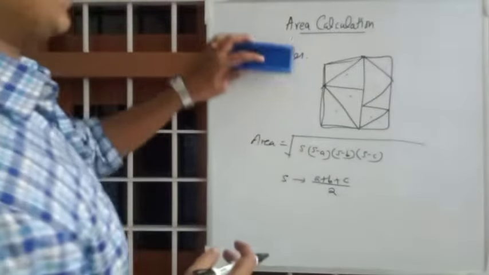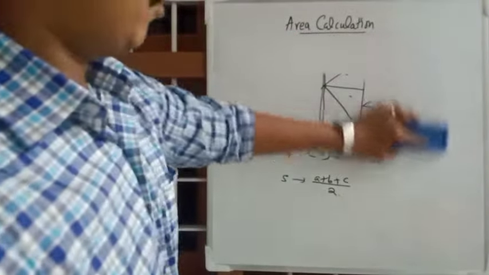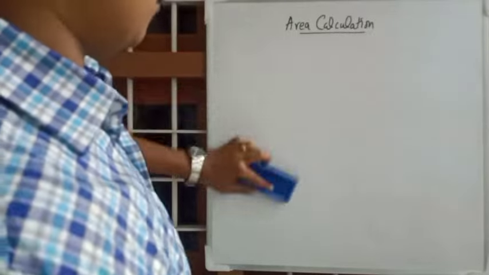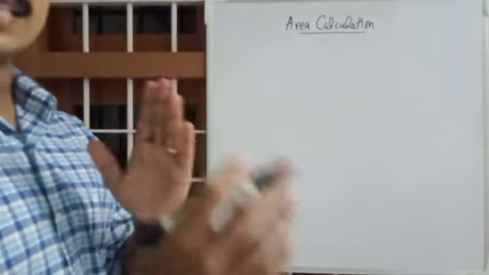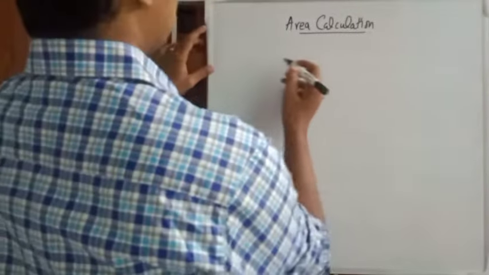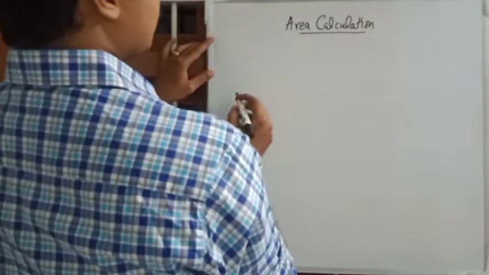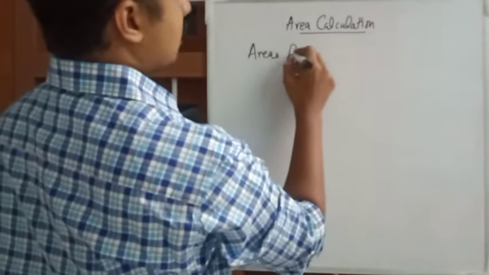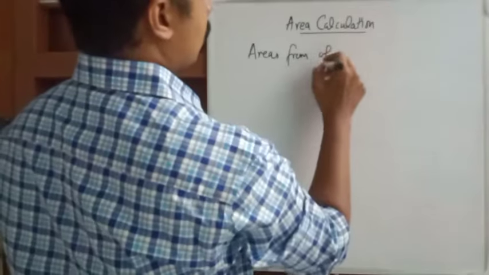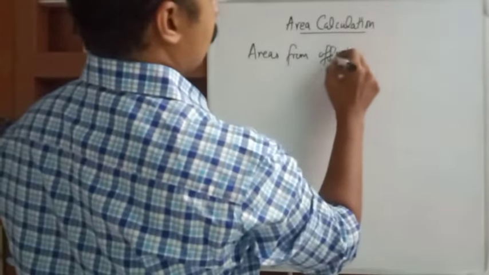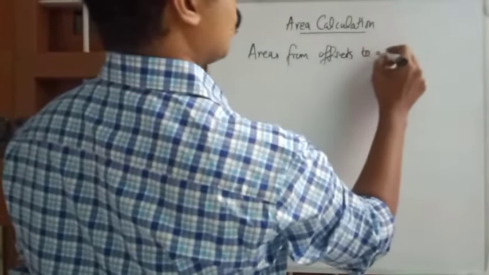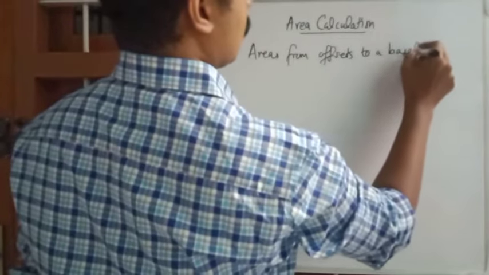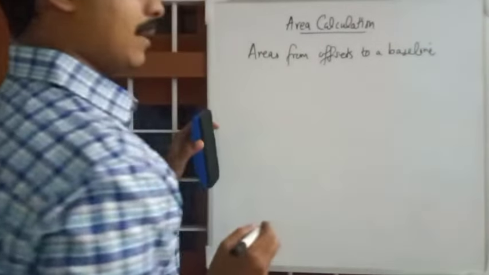So this is one method to calculate areas. Right now in this class we are concentrating on a different type of area calculation, a special case. This one is called area calculation from offsets to a baseline.